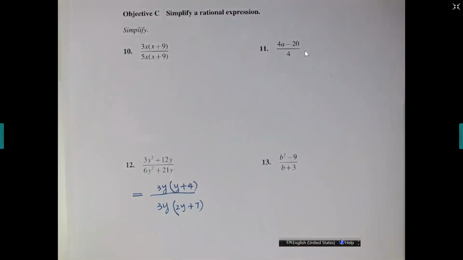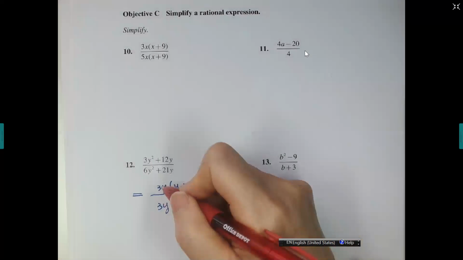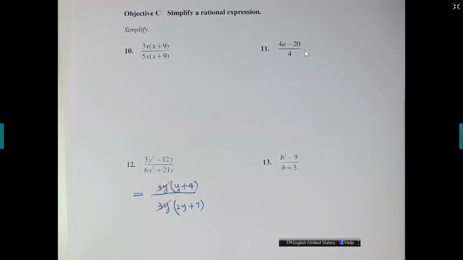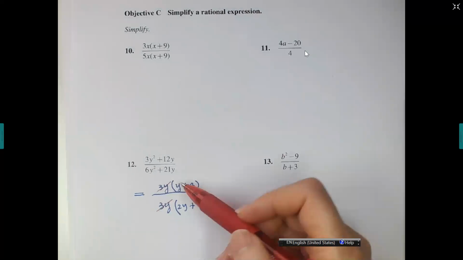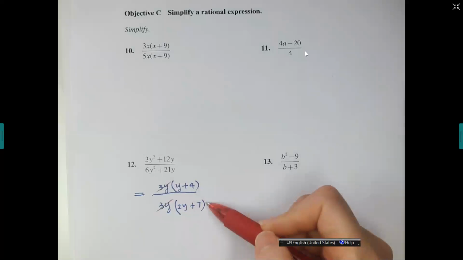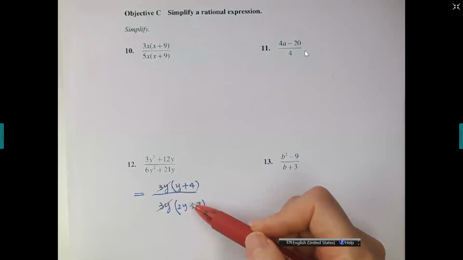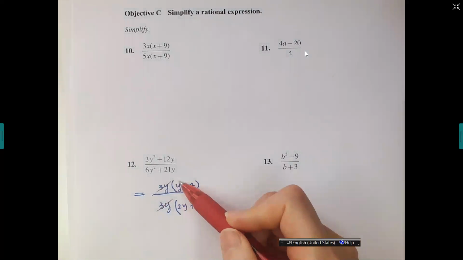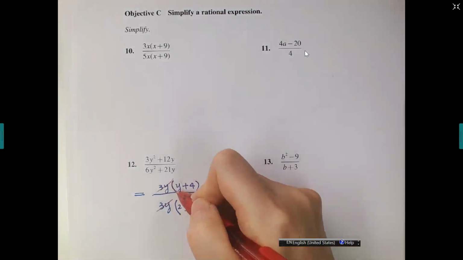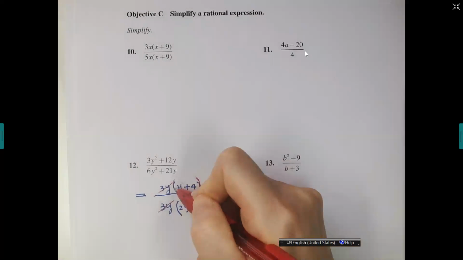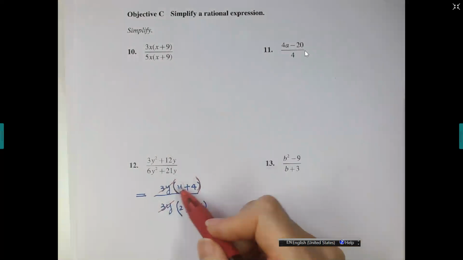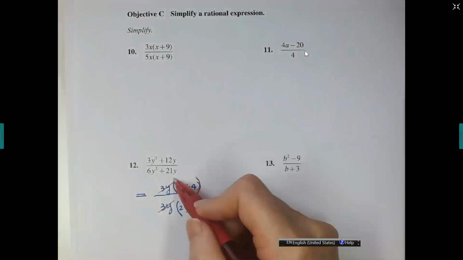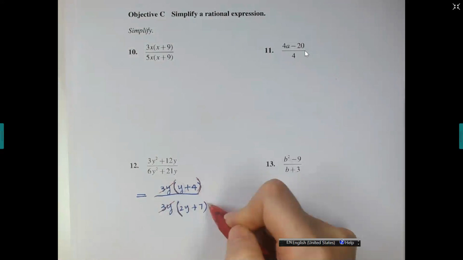Okay, the next step is the simplest one. Just do the cancellation. 3y and 3y cancel each other. This entire parenthesis is a factor. Y itself inside of this is not a factor. The whole thing in the parenthesis is multiplying something else, so that will be a factor, and this is another factor.